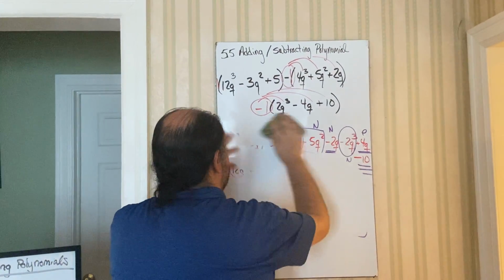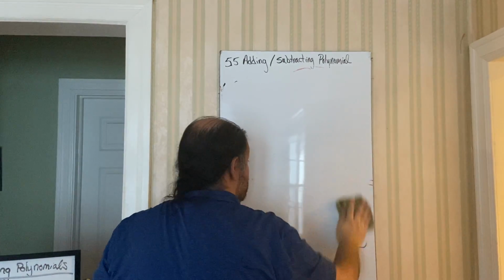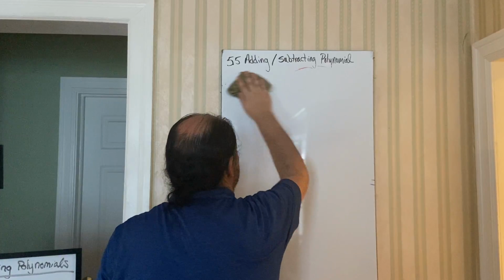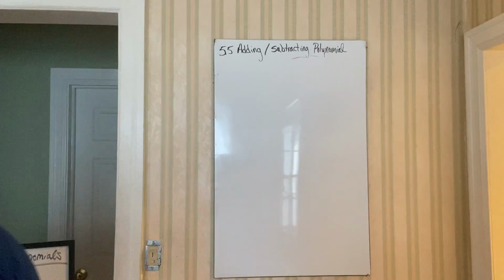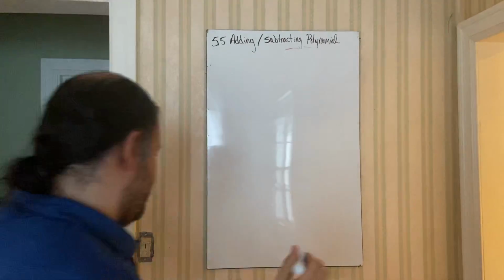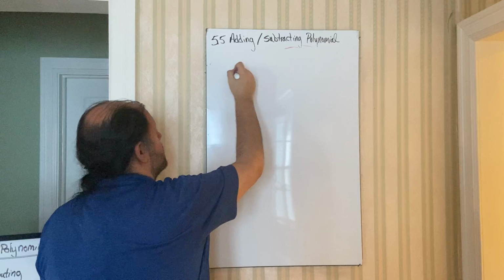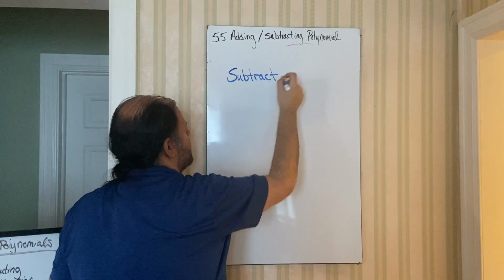Now these were written what we call horizontal. Sometimes they might write a problem vertically. What do I mean by that? They might say subtract. They usually give you a direction.